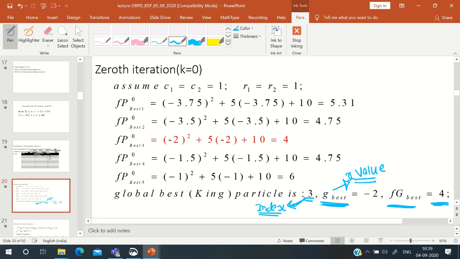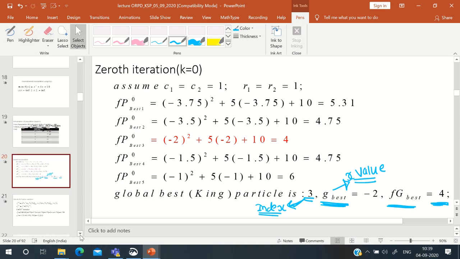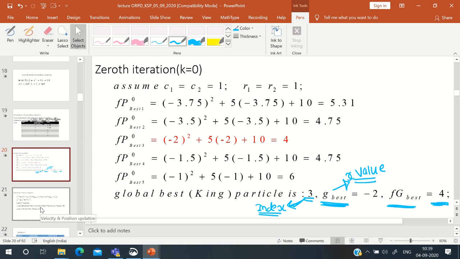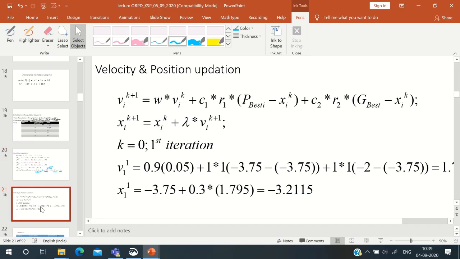Now we will use the equations of velocity and step length to find the new position of every particle, right? We had seen this equation, V i k plus 1, the third and fourth equation. Now the 0th iteration was complete. Now the first iteration, so k is equal to 0.